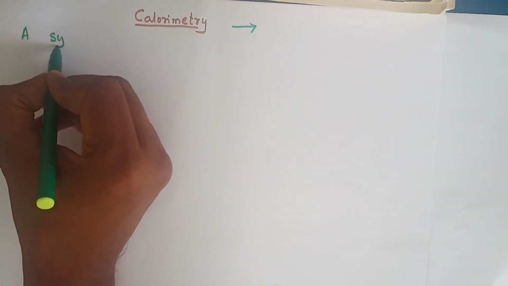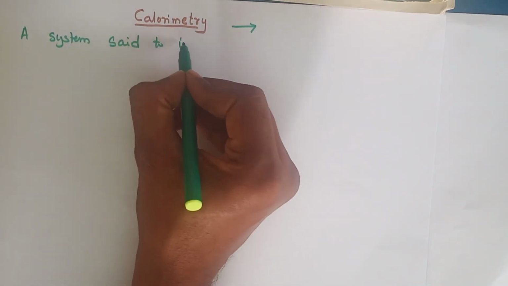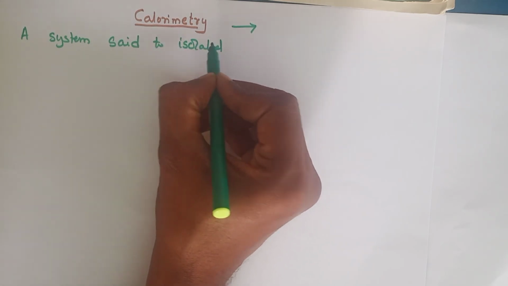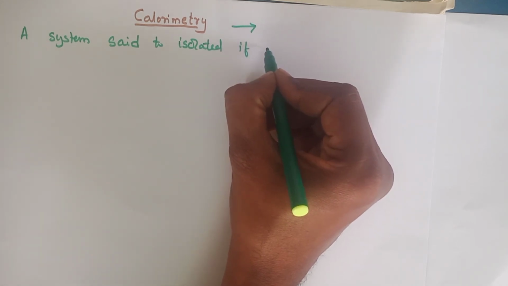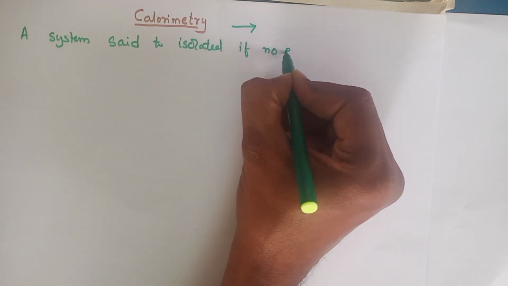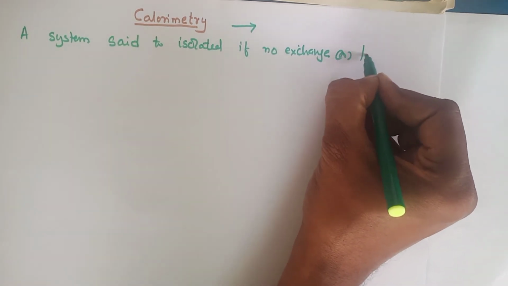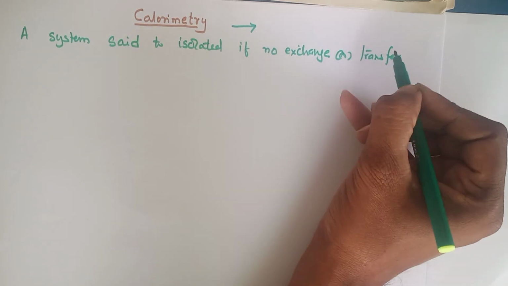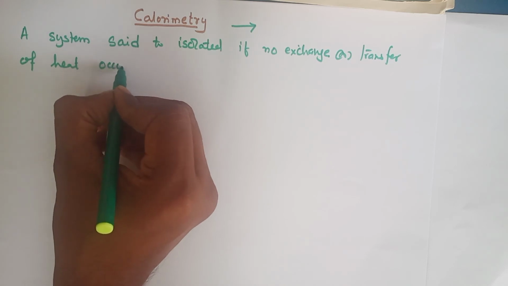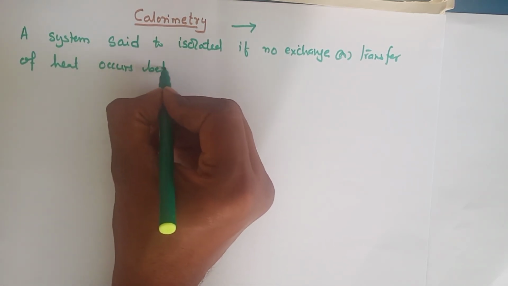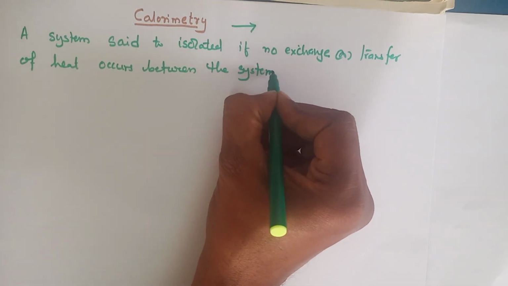A system is said to be isolated if there is no exchange or transfer of heat between the system and surroundings.